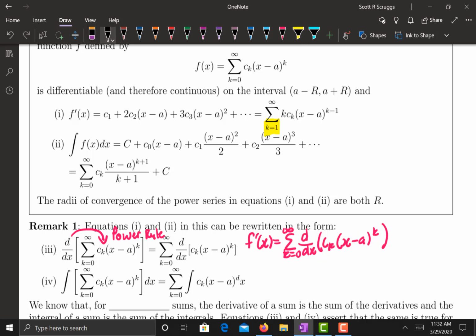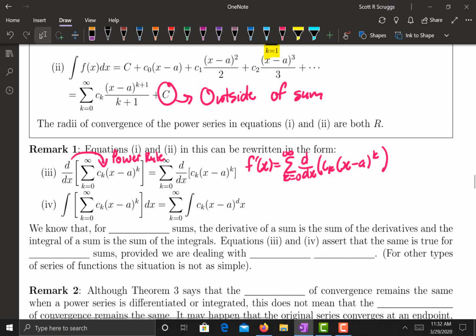One thing that is confusing here is about that constant c. That constant c is outside of my sum. So I essentially have a power series isolated, and then I have a constant of integration that I just have on the outside.